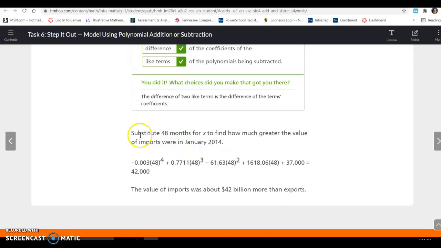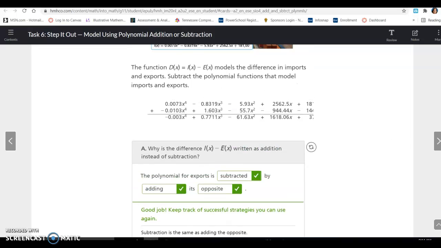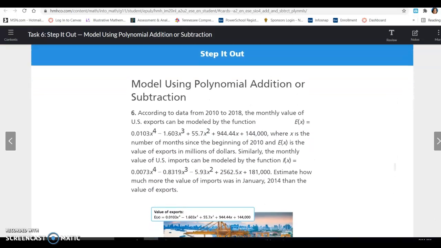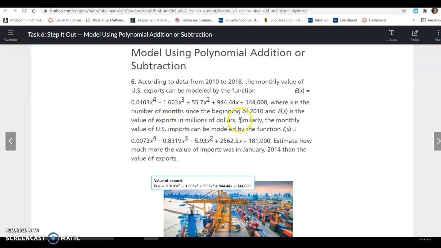All right, now it says substitute 48 months for x to find how much greater the value of imports were in January of 2014. All right, so in the very beginning it said estimate how much the value of imports is in January 14. But if you go up here, it says the data goes from 2010 to 2018.